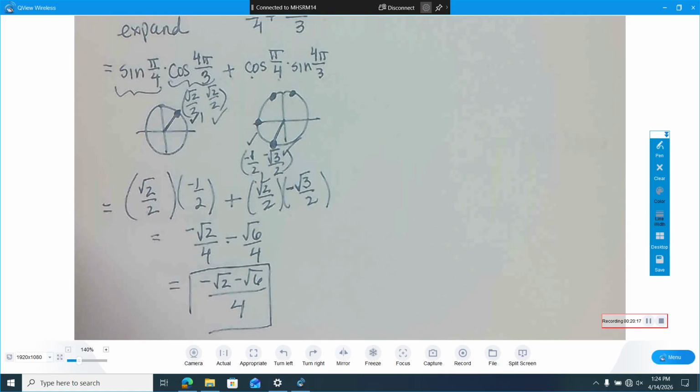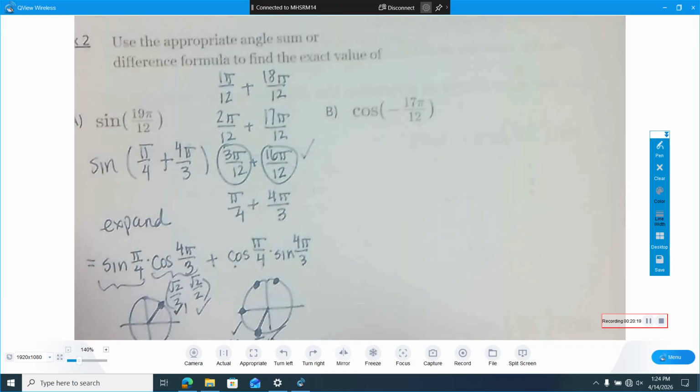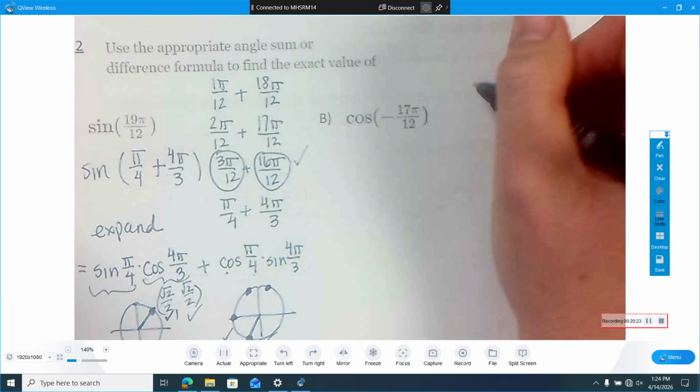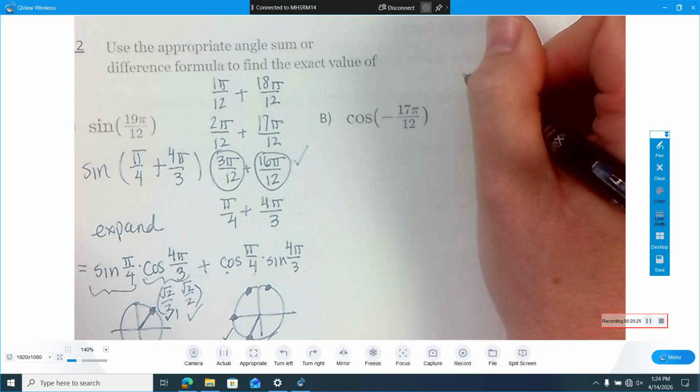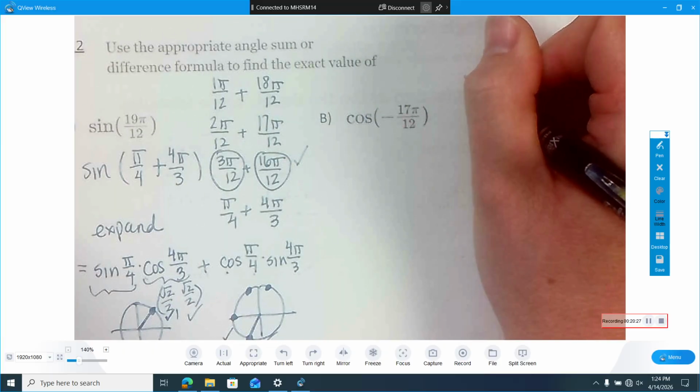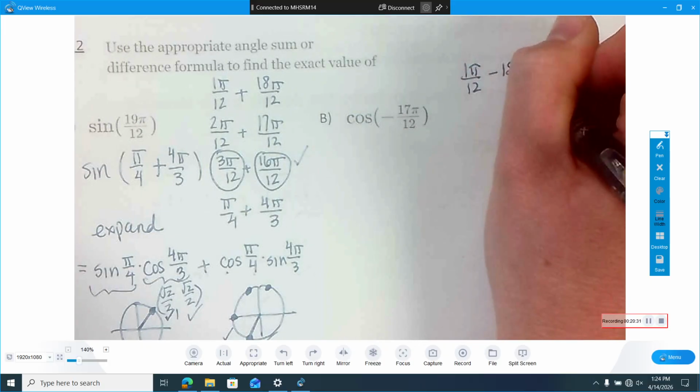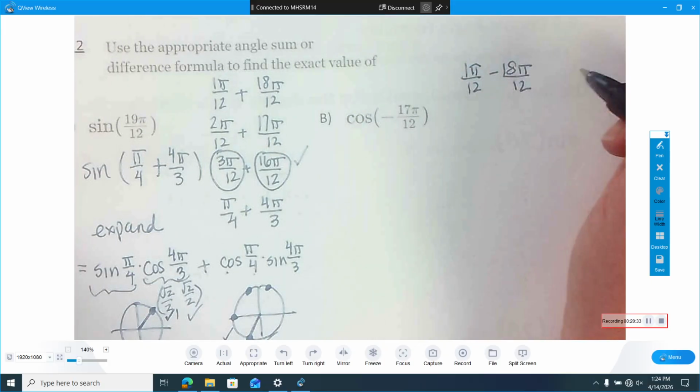So now that you know the positive one, how do you do one where cosine we have a negative angle? Yeah, we could subtract 1 pi over 12 minus 18 pi over 12. That gives us negative 17 pi over 12. Does it work for us though? Doesn't really help us.